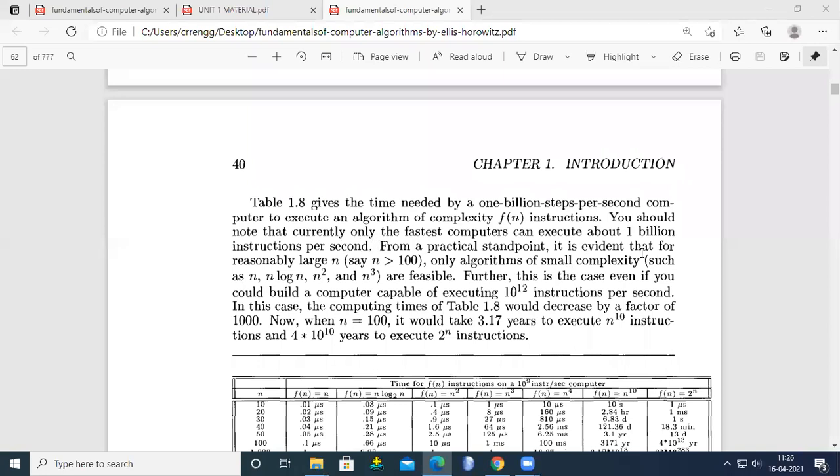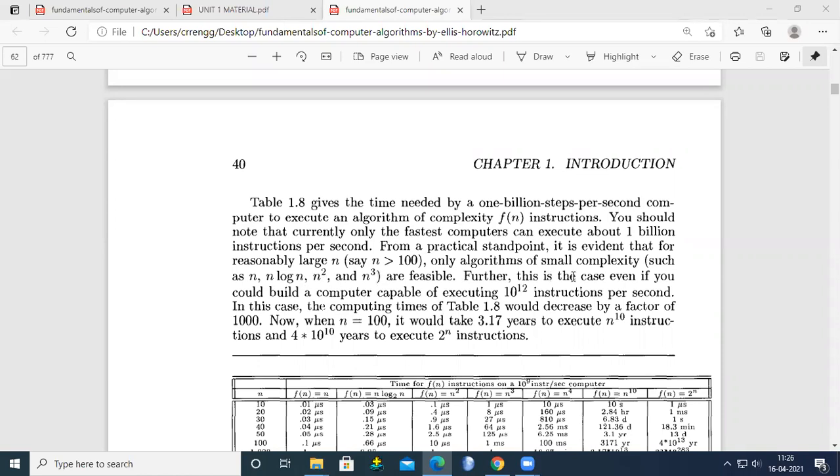From a practical viewpoint, for reasonably large n, that is n greater than 100, only algorithms of small complexity, such as n log n, n square, and n cube, are feasible.